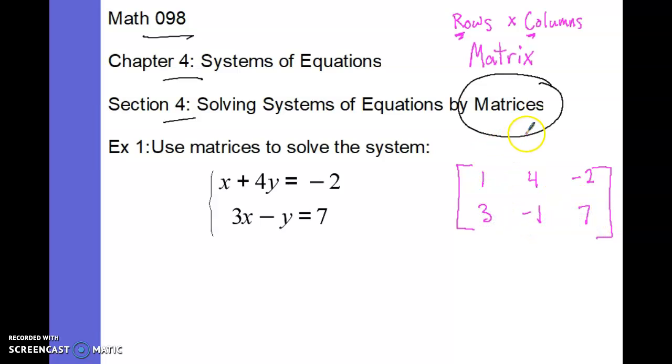This is a 2 by 3 matrix because there are 2 rows. We do the rows this way, row 1, row 2, and then we do the columns on top: column 1, column 2, column 3.